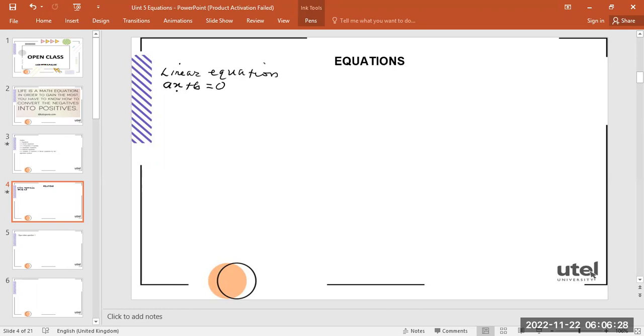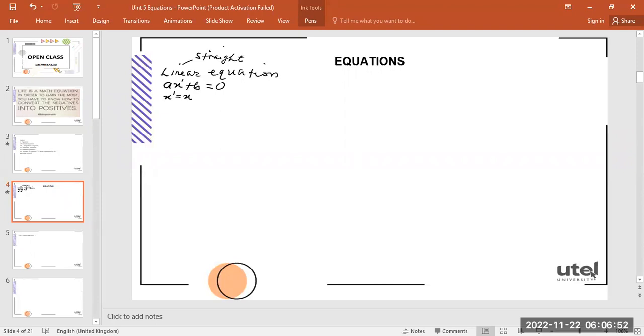In this case, you can see that the variable x has a power of 1. You know that x raised to the power of 1 is the same thing as x. Usually when the power is 1, we don't write the 1. So this is a linear equation, and the word linear simply means straight line.